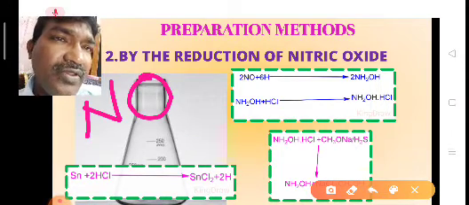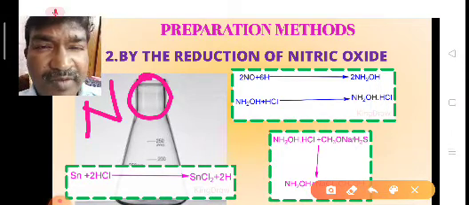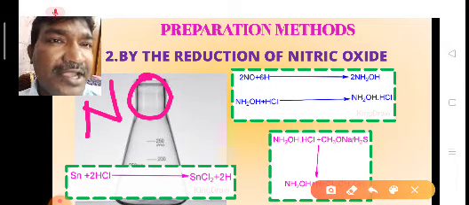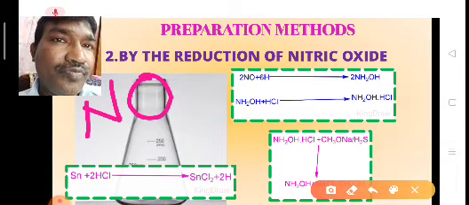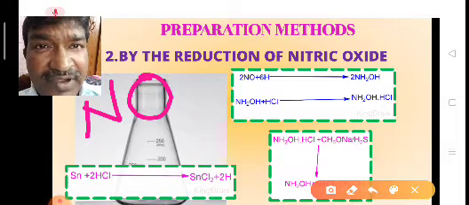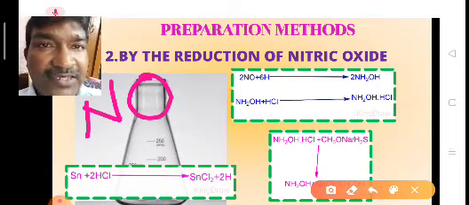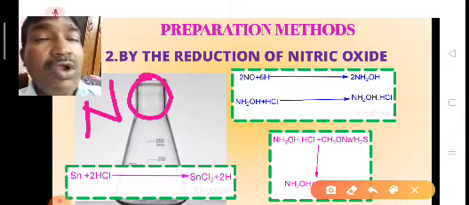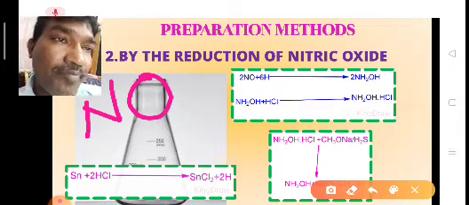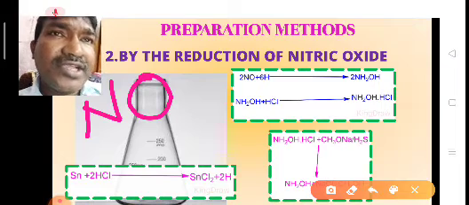So here hydroxylamine is prepared by reducing this nitric oxide. Nitric acid is different from nitric oxide. Nitric acid formula is HNO3. Nitric oxide formula is NO.